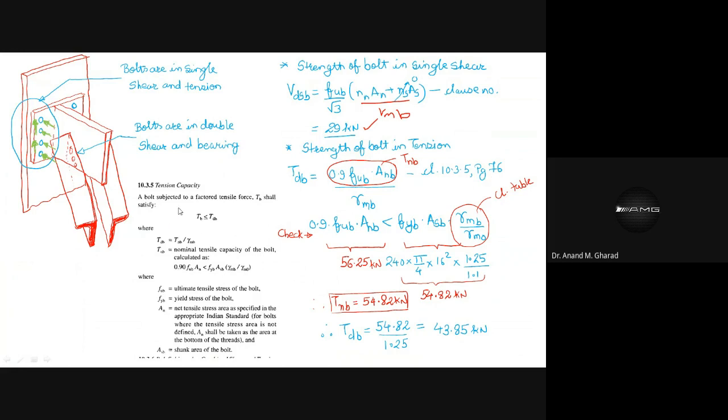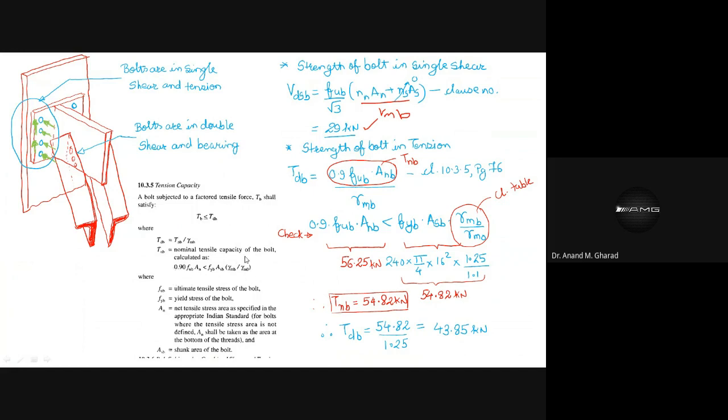What it says: the bolt subjected to factored tensile force TB shall satisfy TB should be less than or equal to T design B, the design tension capacity of the bolt. Design tension capacity is TNB, the nominal tensile capacity of the bolt, which is calculated as this formula.